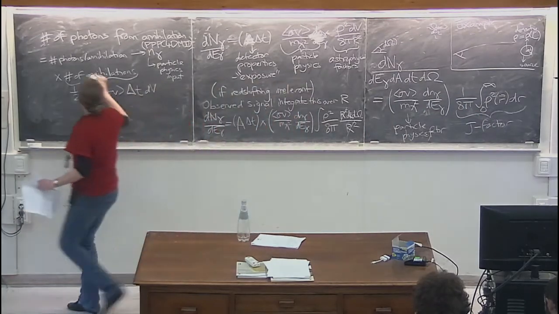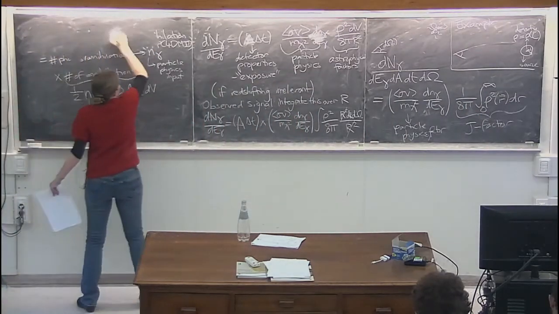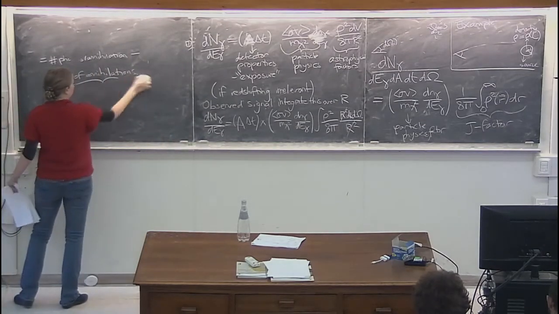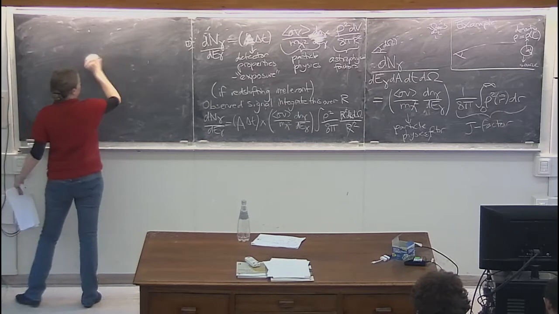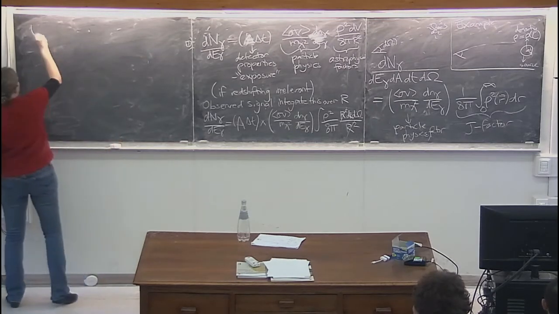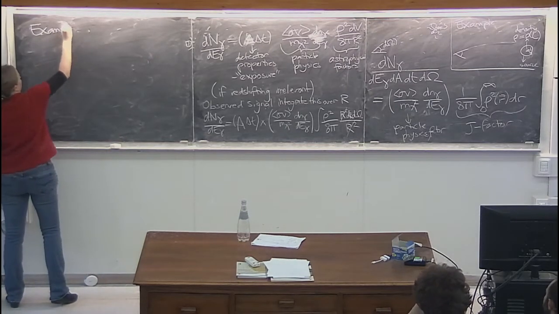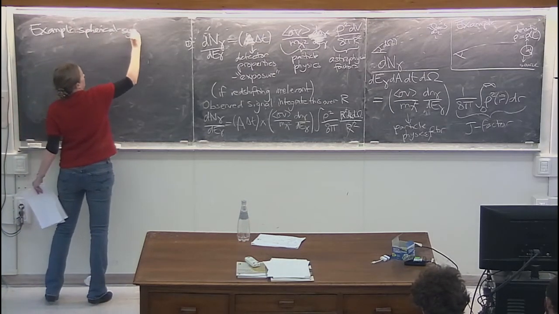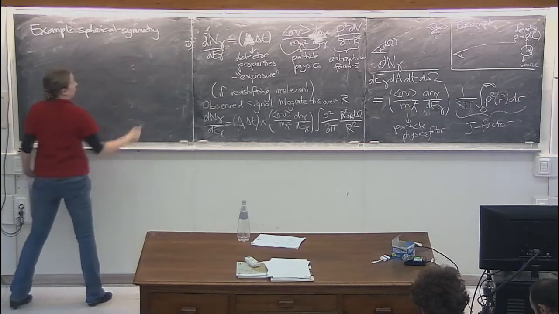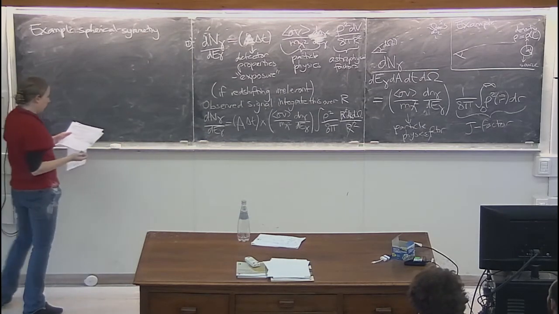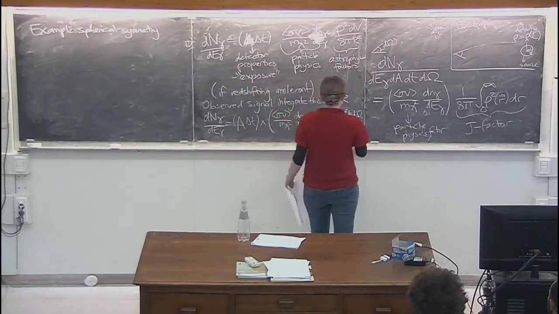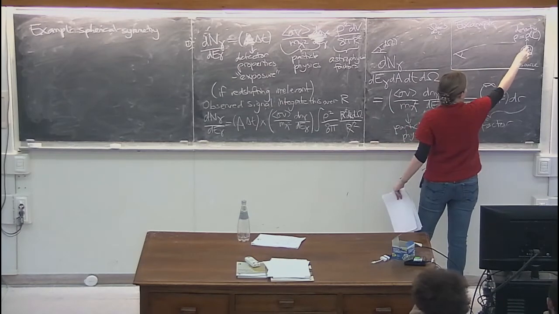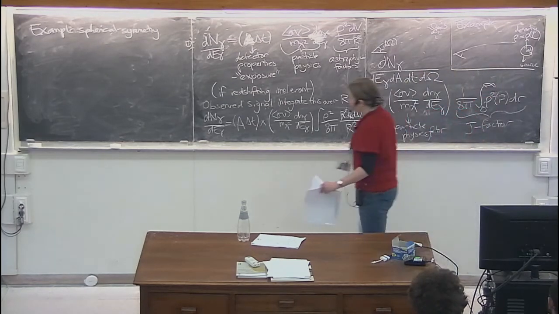So then, if you want to work out the J factor for that geometry, this R here is the distance from Earth to the point of annihilation.